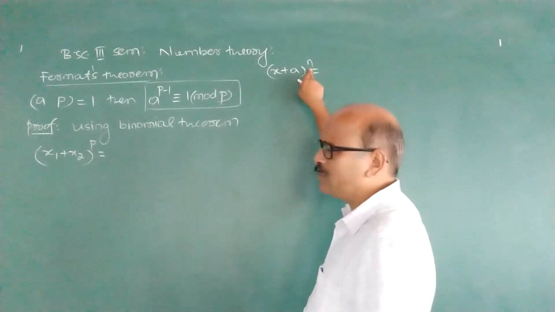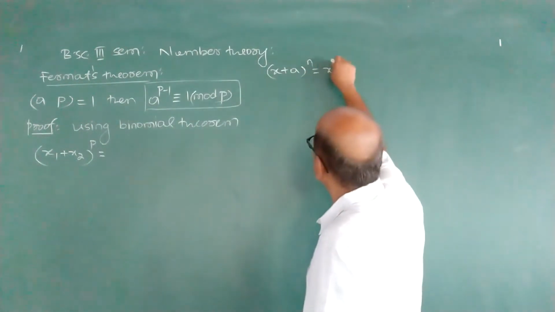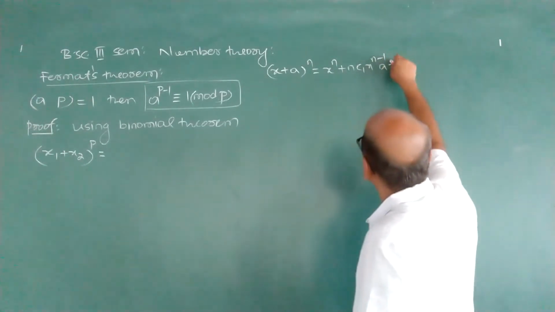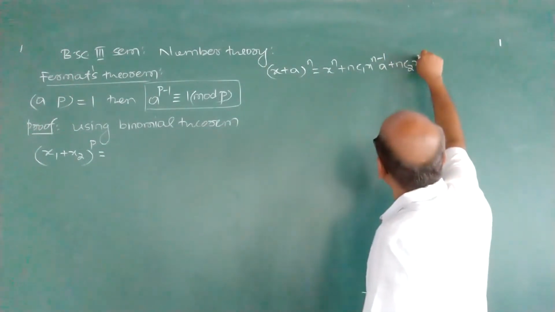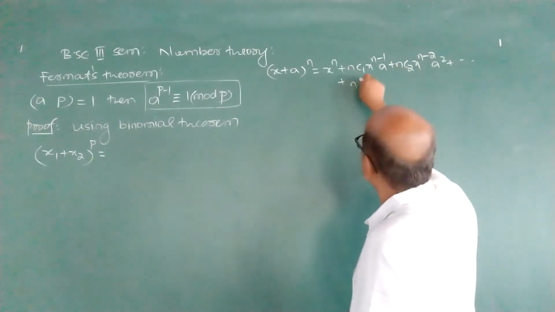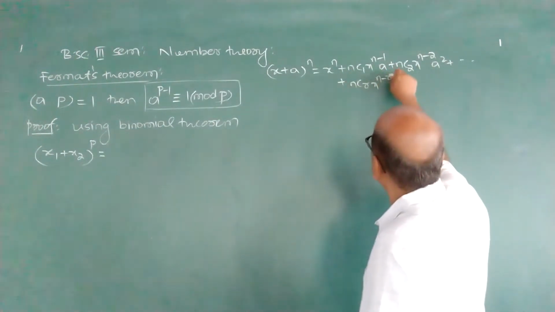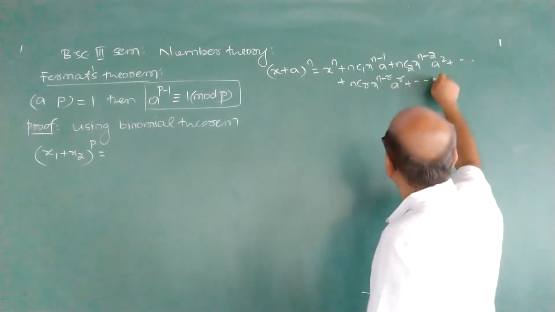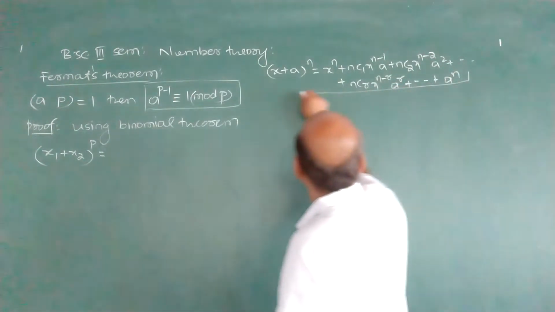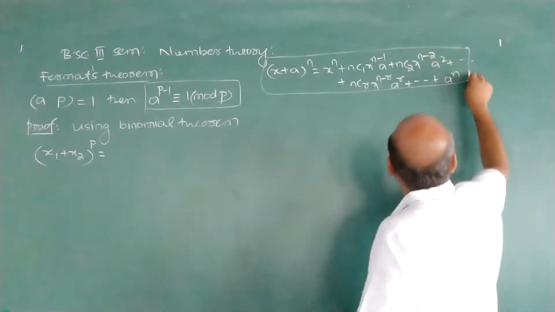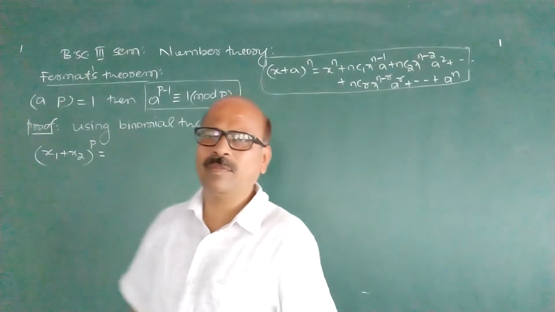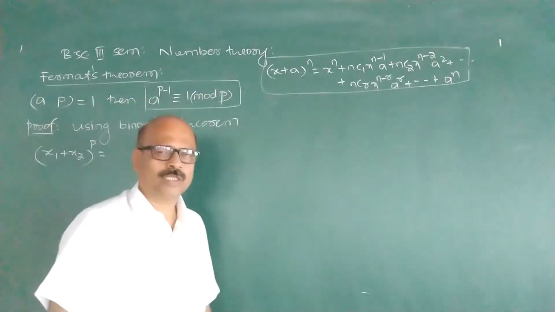N is any positive integer, (x plus a) raised to n is x raised to n, plus nC1 x raised to n minus 1 into a, plus nC2 x raised to n minus 2 into a square, and so on, plus nCr x raised to n minus r a raised to r, and so on, plus a raised to n.